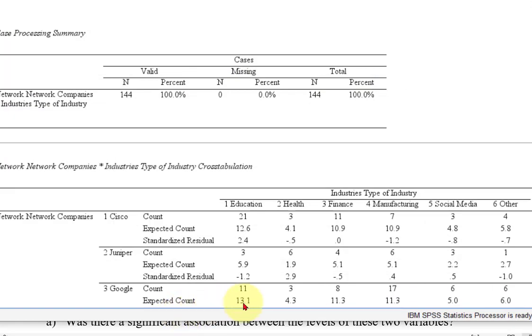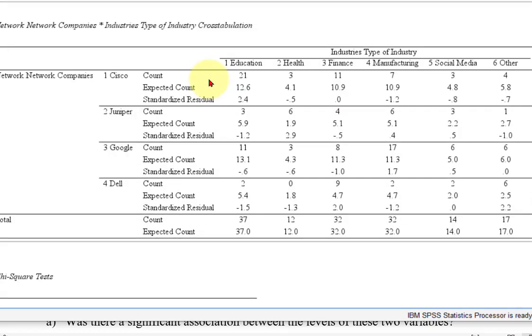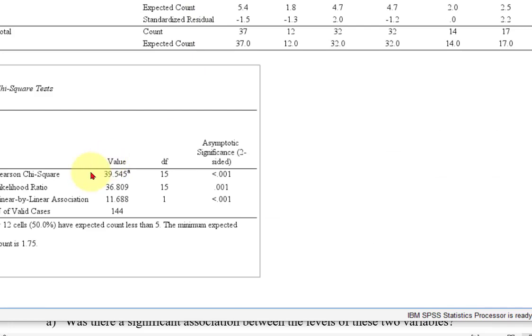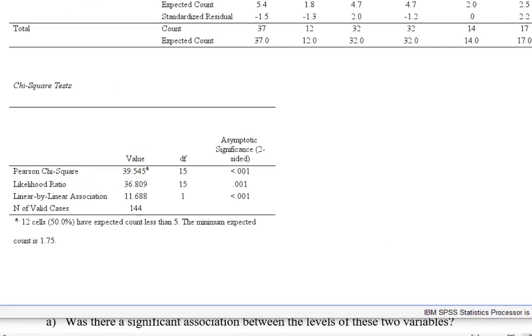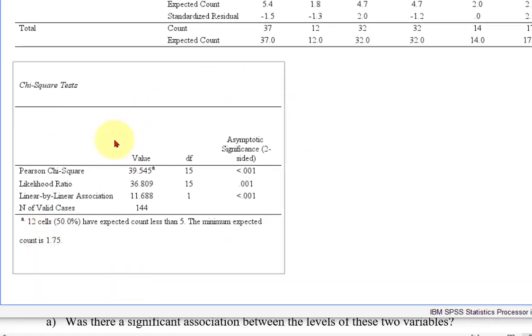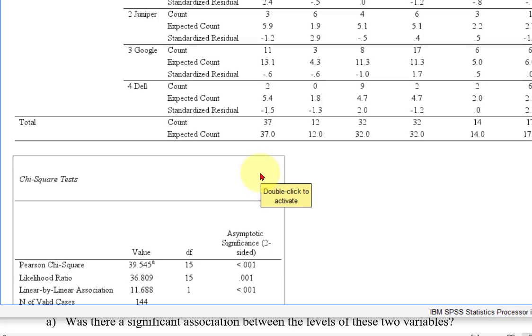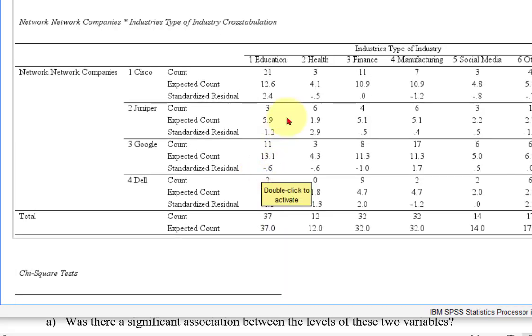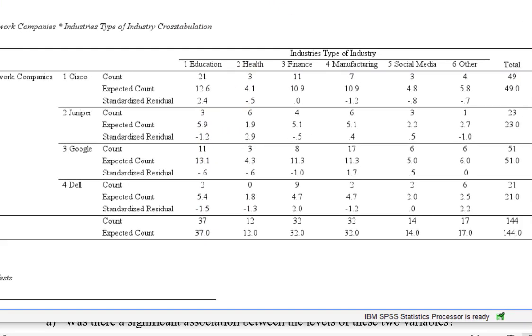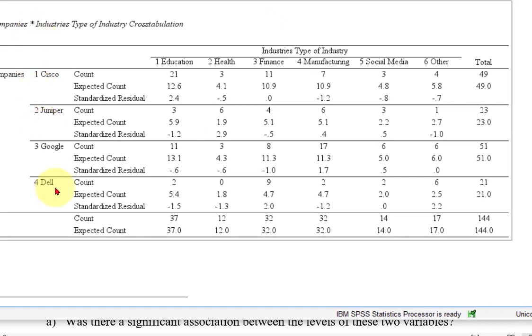Boom. So here is our results. And let's scroll down here to this box. And this is less than 0.05. So yes, there is a significant association somewhere between the types of industries and the different companies here.